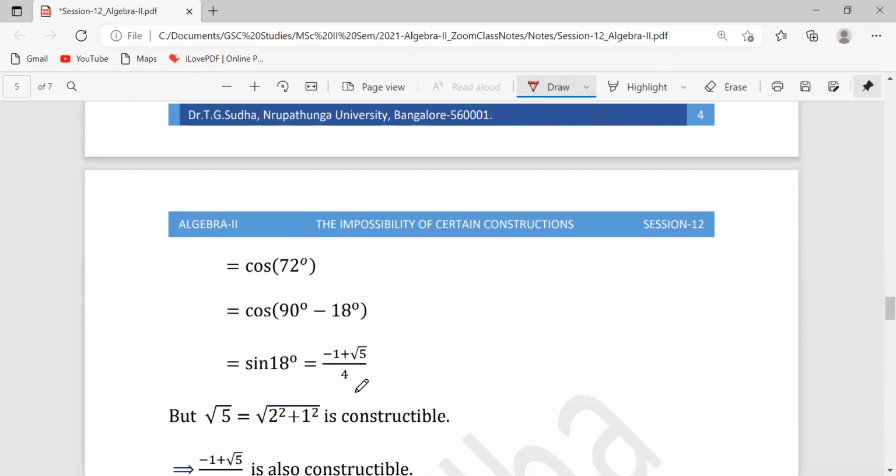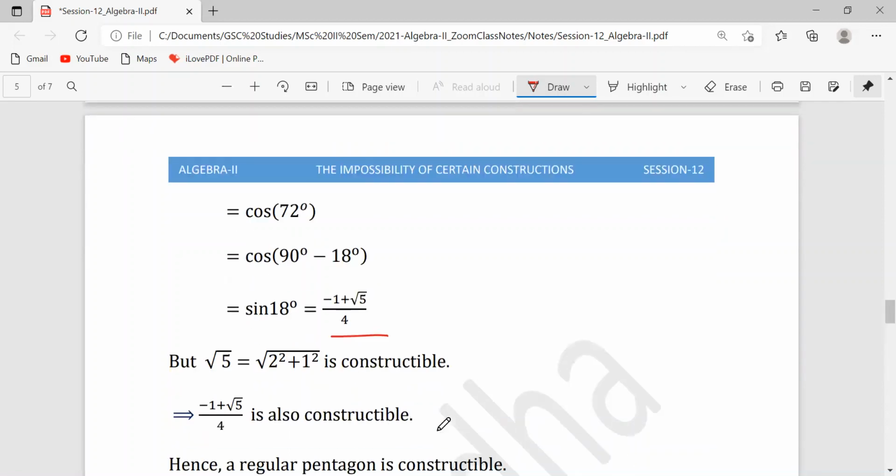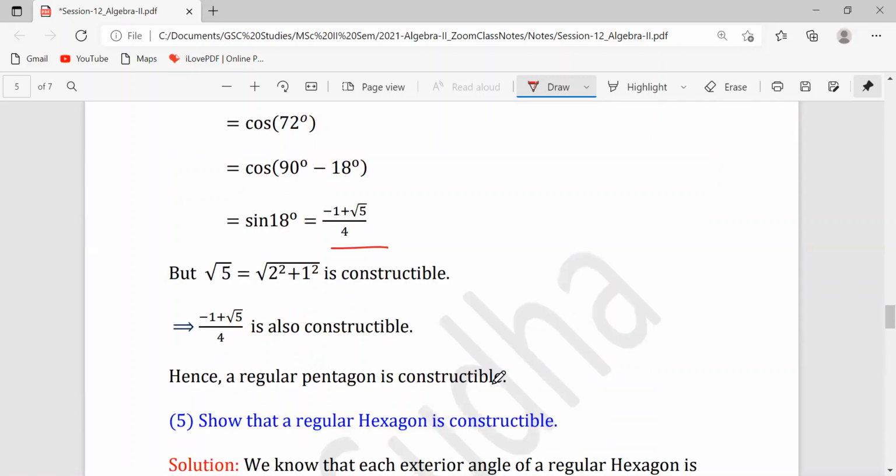So sine 18, we all know that it is minus 1 plus root 5 by 4. And in the previous session, we had seen that root 5 is constructible, hence minus 1 plus root 5 by 4 is constructible. Since this is constructible, sine 18 is constructible. Since sine 18 is constructible, cos 72 is constructible. That is, the required alpha is constructible. Hence, a regular pentagon is constructible.